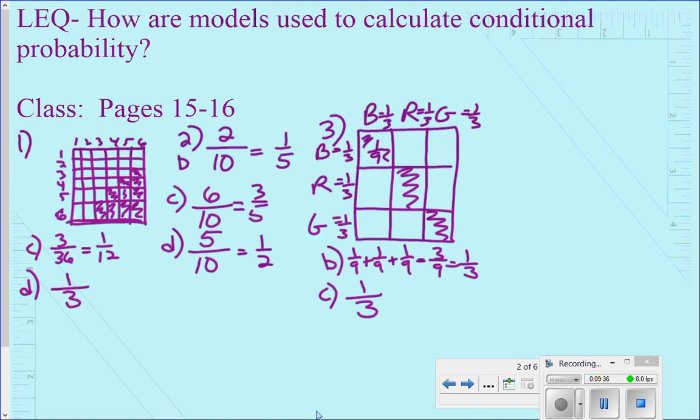Okay, now, I did give some notes at this point on what's called conditional probability.